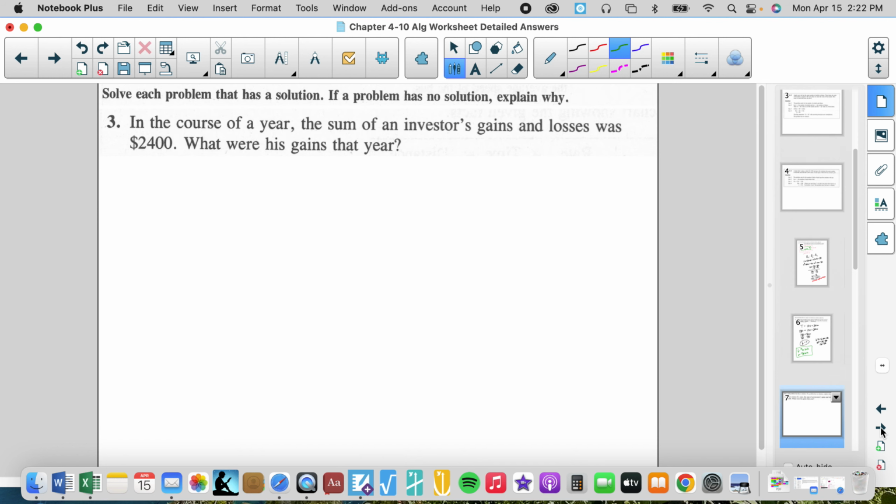Number 3, in the course of a year, the sum of an investor's gains and losses was $2,400. What were his gains that year? Well, it's going to be gains plus losses equals 2,400.